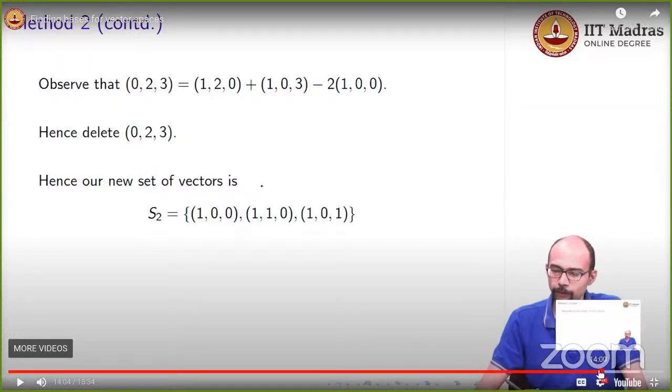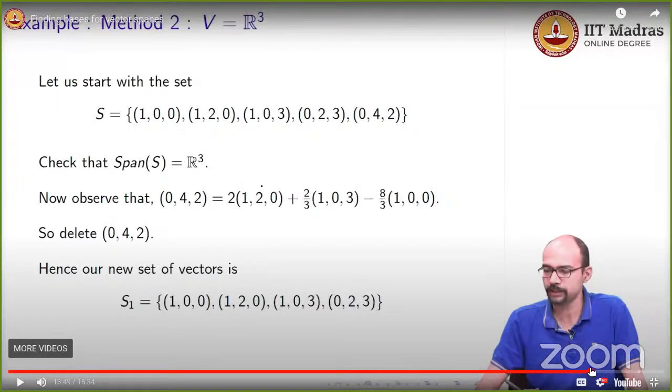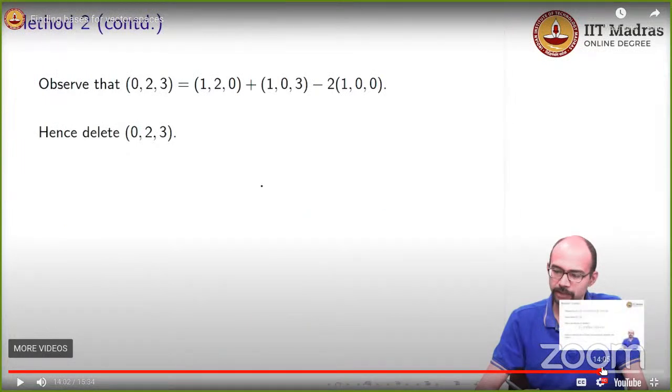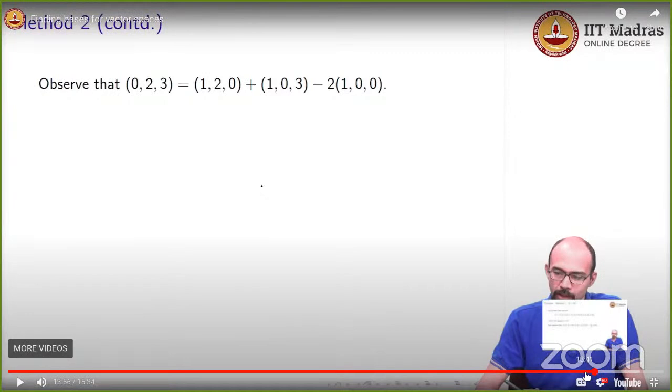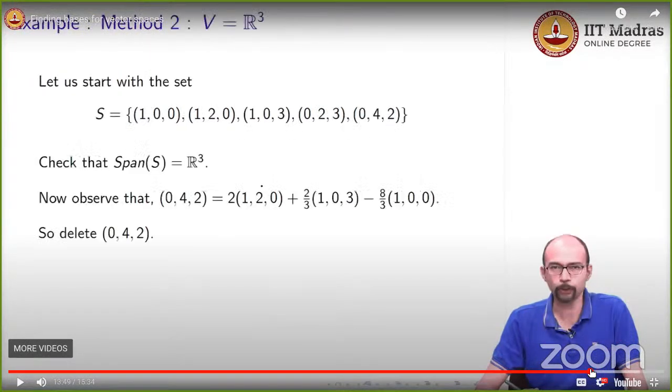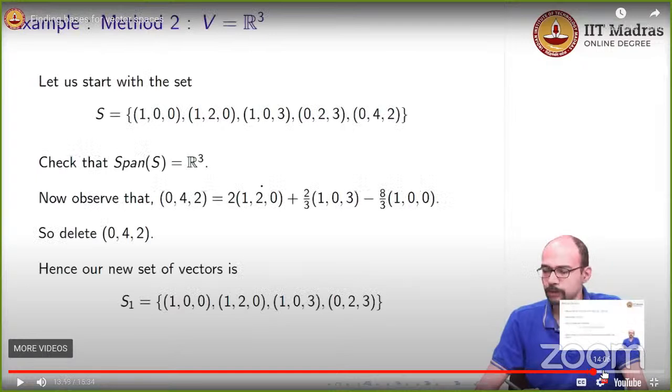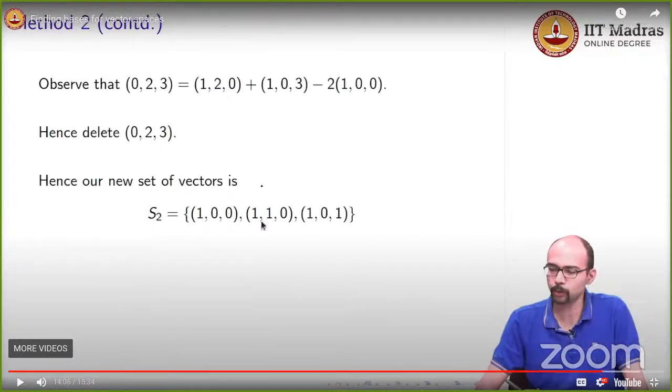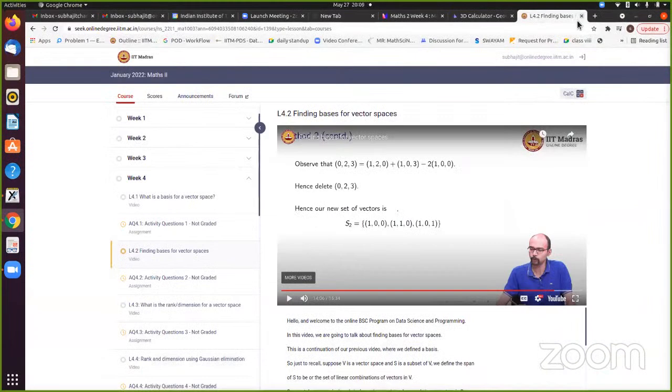What was the set earlier? Earlier the set S was equal to this. So by deleting 0 to 3, you should get (1, 0, 0), (1, 2, 0) and (1, 0, 3), right? I think he has made a mistake here. The answer must be (1, 2, 0), (1, 0, 3), (1, 0, 0), right? Right. Okay, sir, thank you so much.